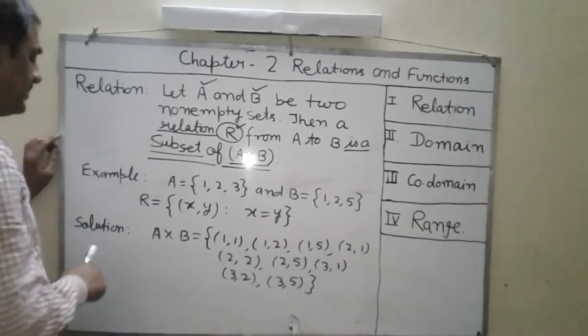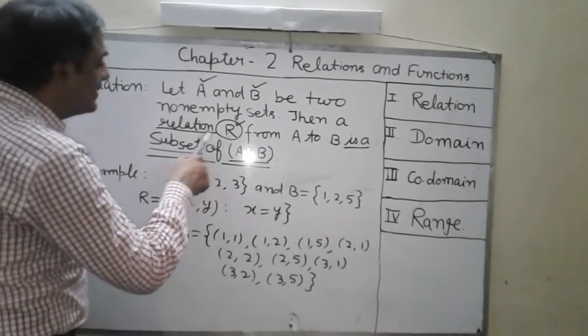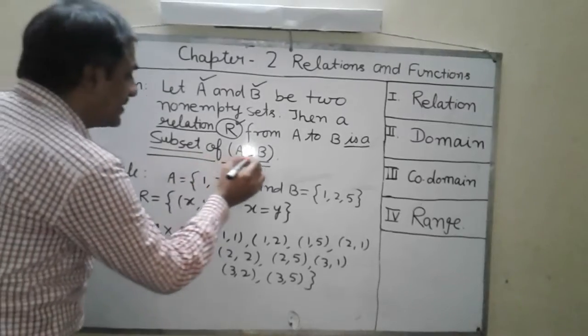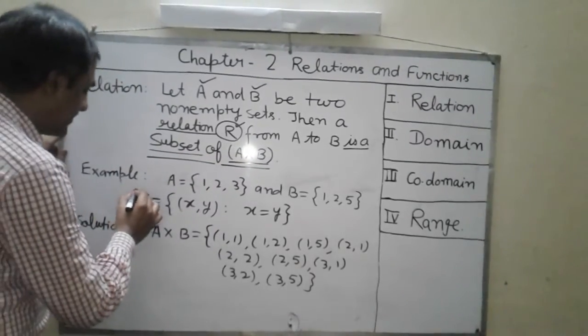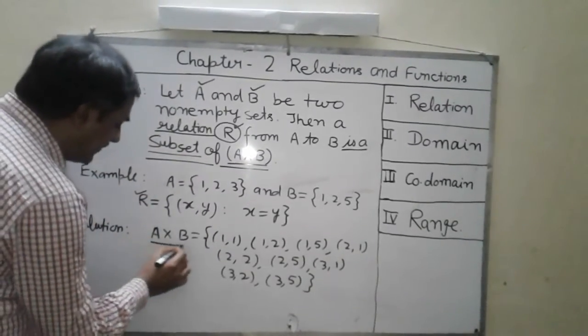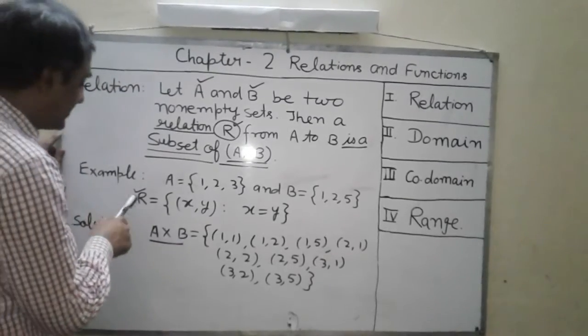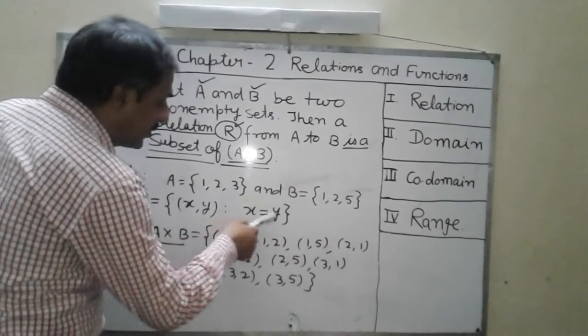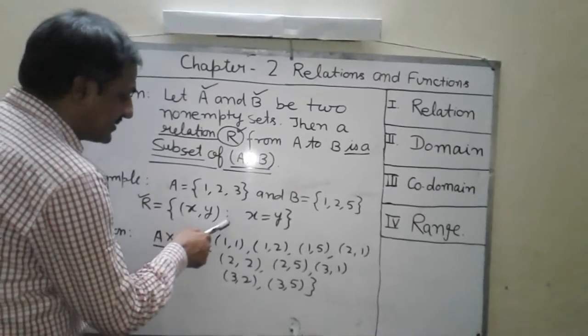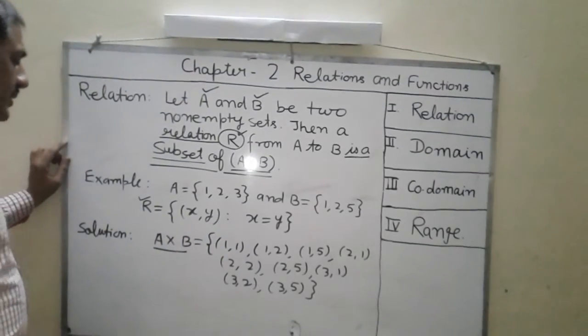Students, we know that relation is what? Relation is a subset of A cross B. And here the relation is defined as the ordered pair (x, y) such that x is equal to y.